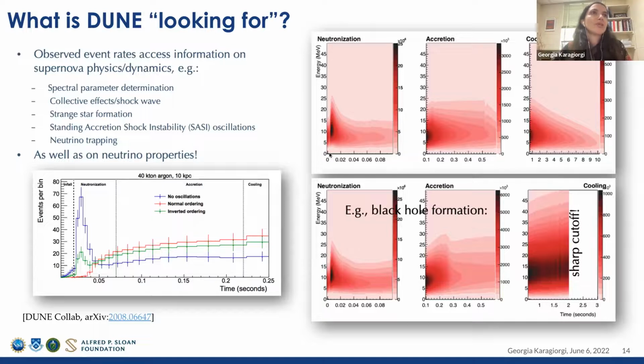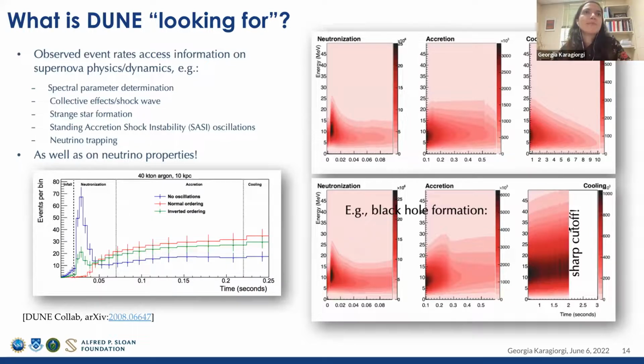We have information during early times on the neutronization part of the supernova burst, then accretion, and then cooling as well.